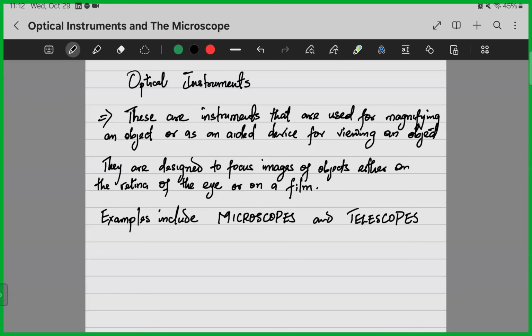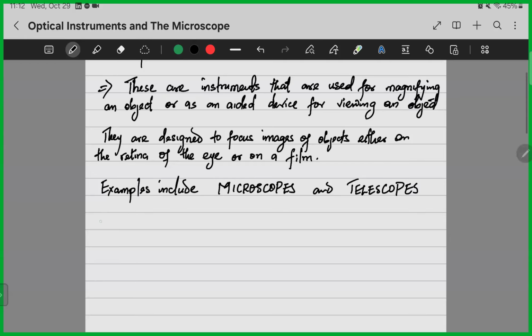So we can make another point or two more points before we start discussing some concepts.